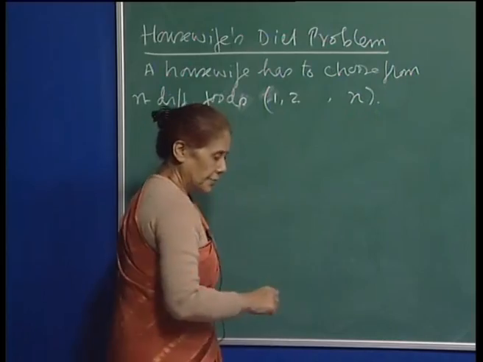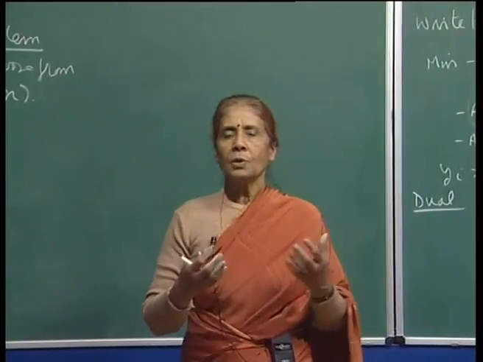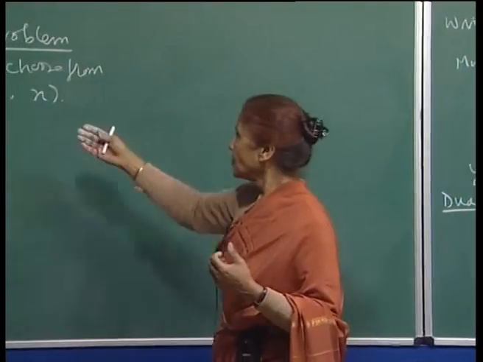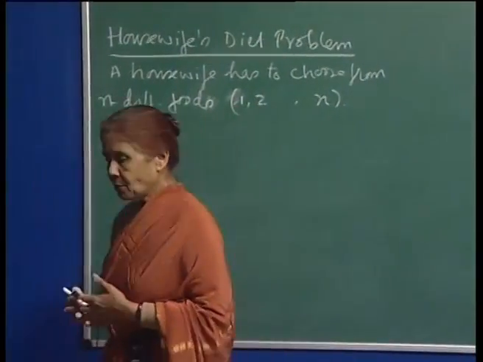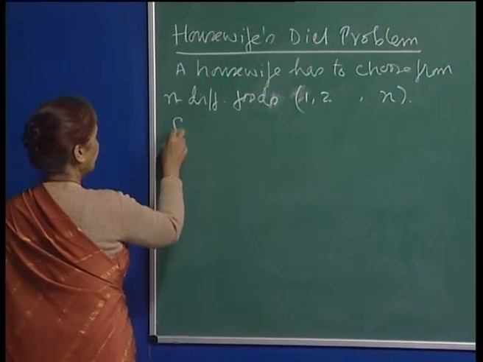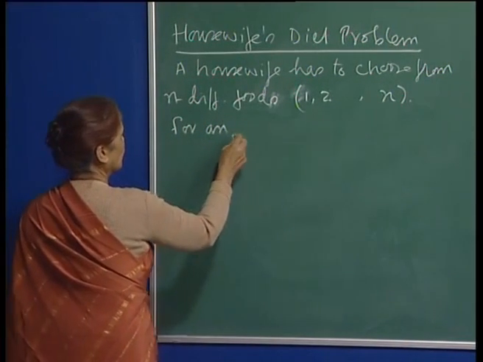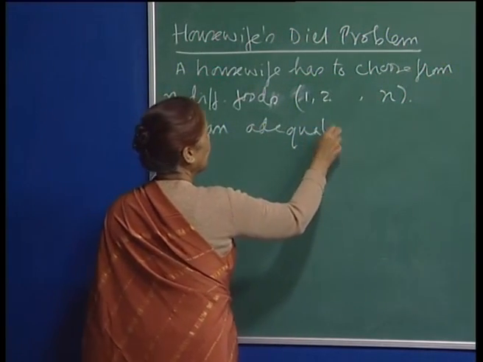So, n different foods are there. She has to choose different foods from here in different quantities to come up with a diet. Now, actually she would like to have an adequate diet. Okay. So, for an adequate diet, which gives you the required nutrition.